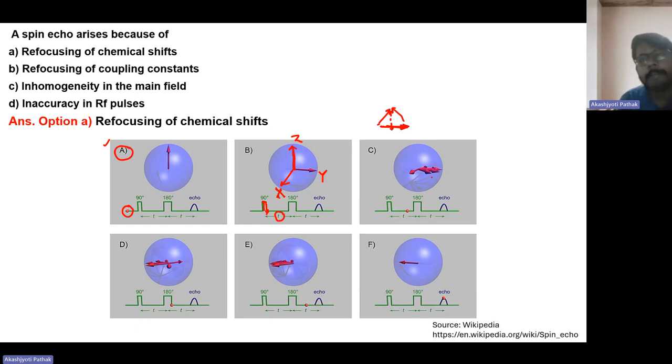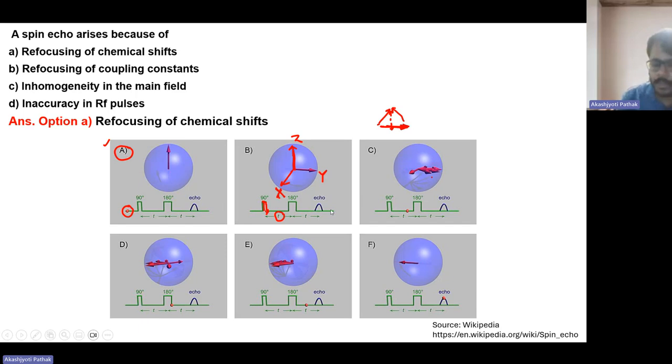If it is a 90-degree pulse, then the magnetization will get deviated from its initial position to the final position, which is at an angle of 90 degrees away from the initial nuclear magnetic moment, the direction that was there.